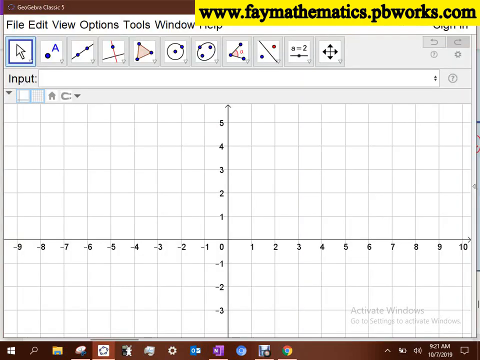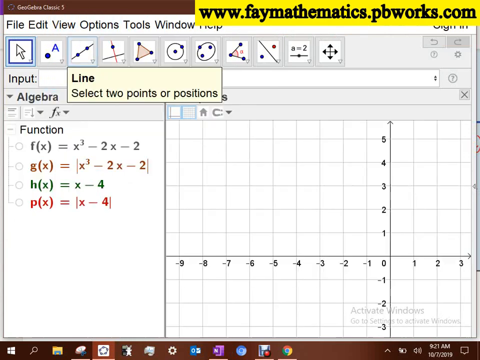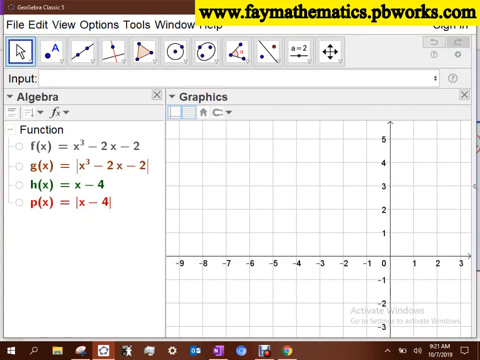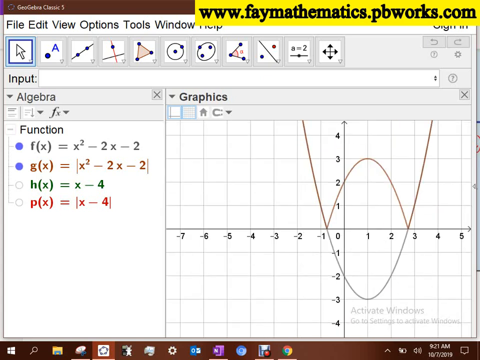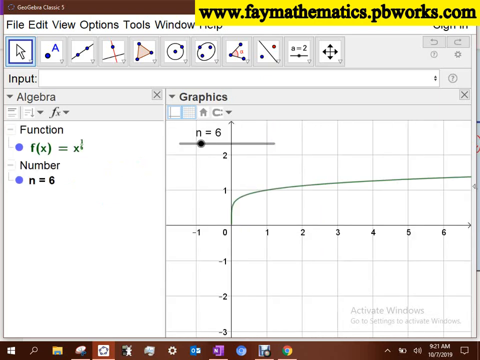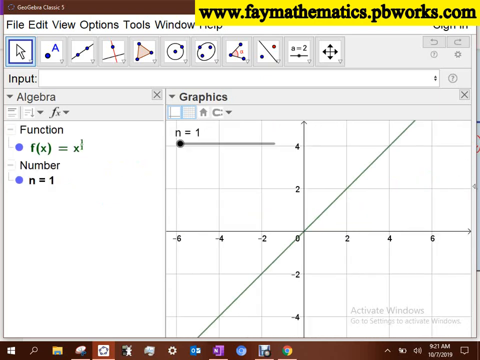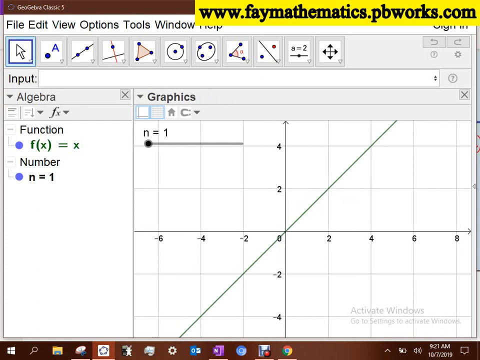But I want to show you, all right, here we've got our linear function, and I'm just going to increase the x value's power by 2.